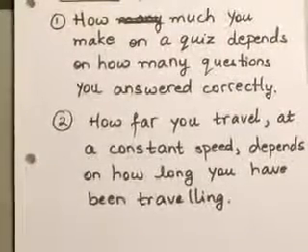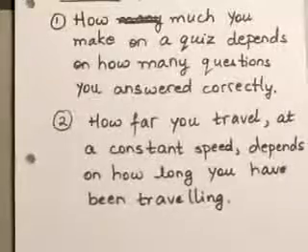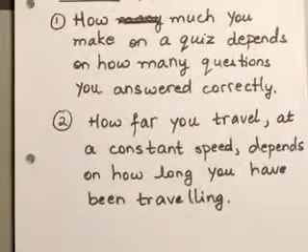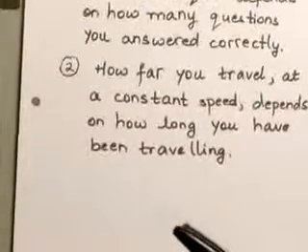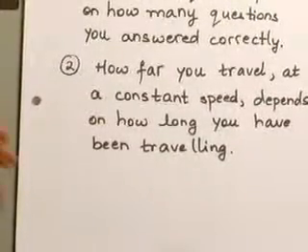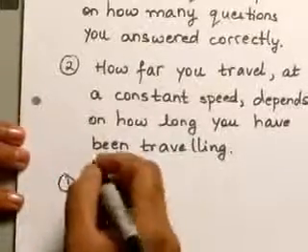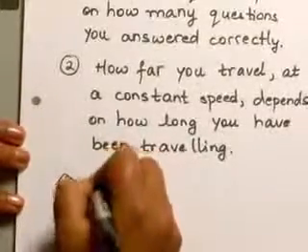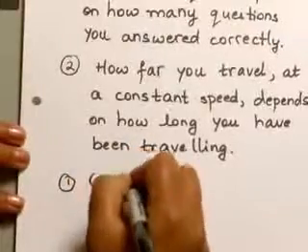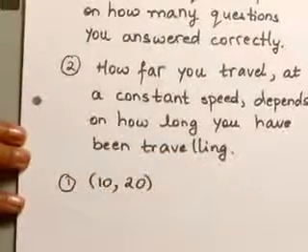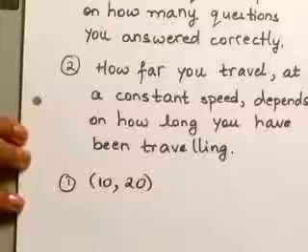Now, looking at these two scenarios, we can try and represent them in terms of ordered pairs. Let's go ahead and see how we can do that. Let's look at our first scenario here, the quiz and the questions answered correctly. Let's say we look at this ordered pair 10, 20.